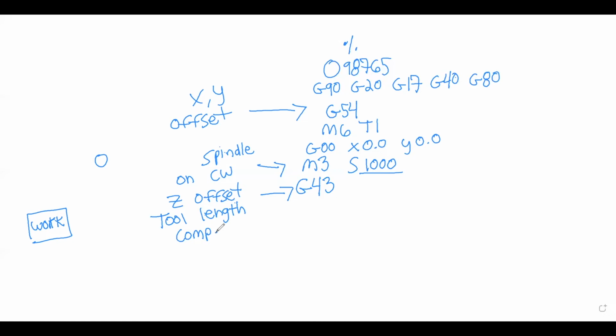Once again, during each setup, we're going to be installing tools in the machine, and we are going to be touching them off to the top of our workpiece, setting a part 0, a Z part 0.